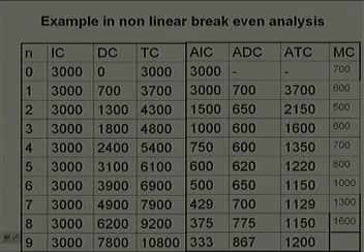So, the difference is 700. That means, if you want to increase your production from 0 to 1, you have to incur $700, and that is what we call marginal cost.